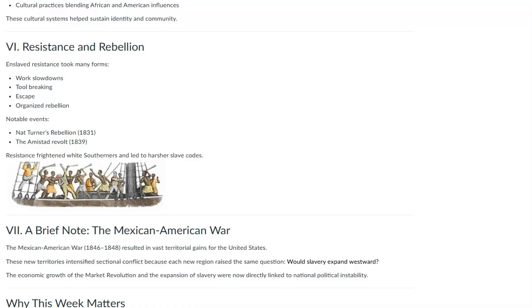Then in 1839, enslaved Africans aboard the Spanish ship Amistad revolted, and eventually the Supreme Court ruled in their favor because we had outlawed international slave trade, and these slaves were coming from outside of our borders. So these acts of resistance terrified slaveholders, and they led to stricter slave codes and harsher enforcements.